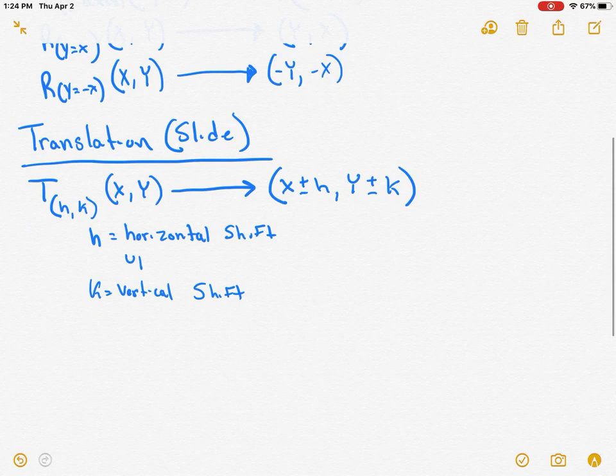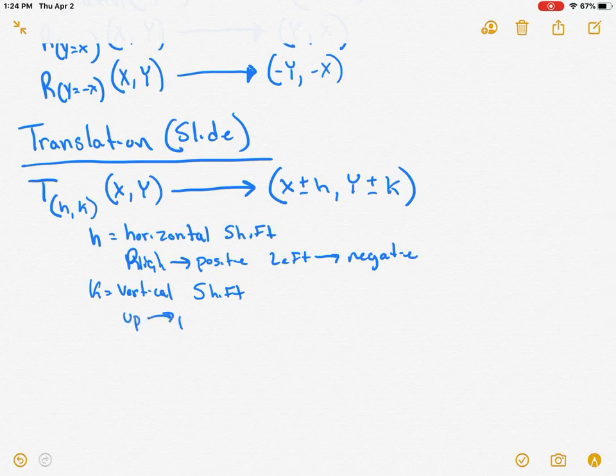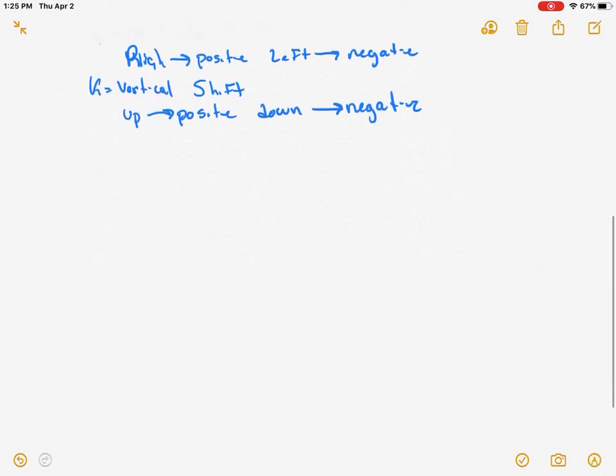So for horizontal, if we go right, it's positive, left, negative. Up for vertical is positive, down is negative. Right? Nothing too crazy there. Okay? Then we have our rotation.